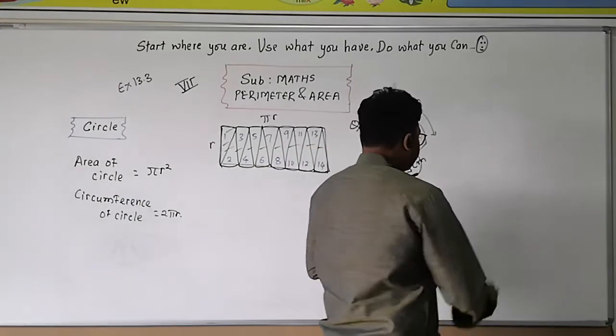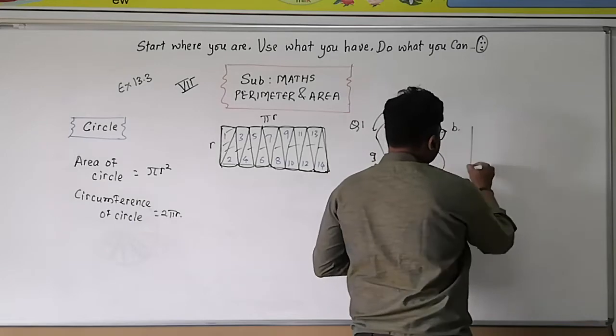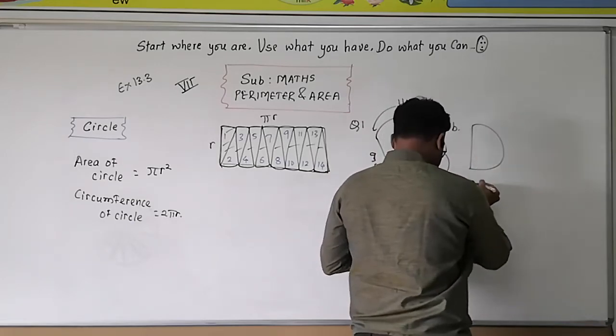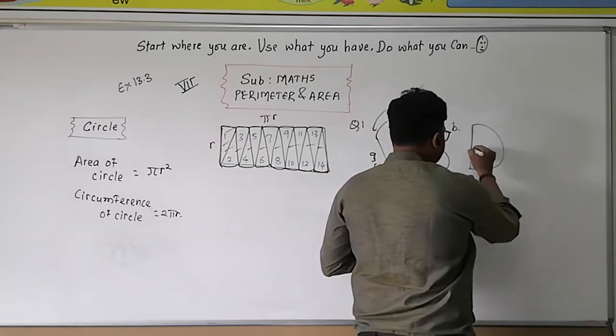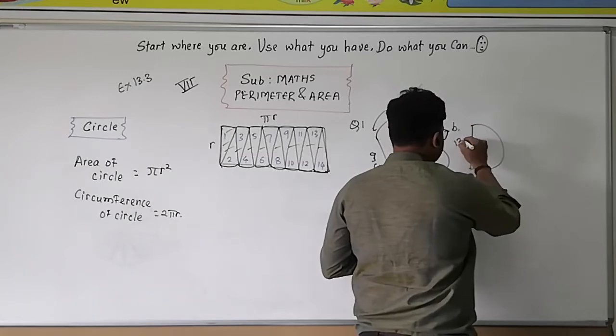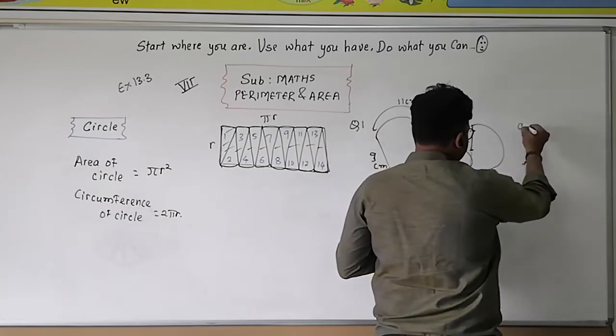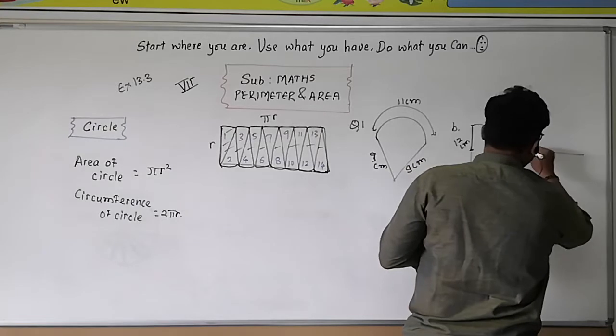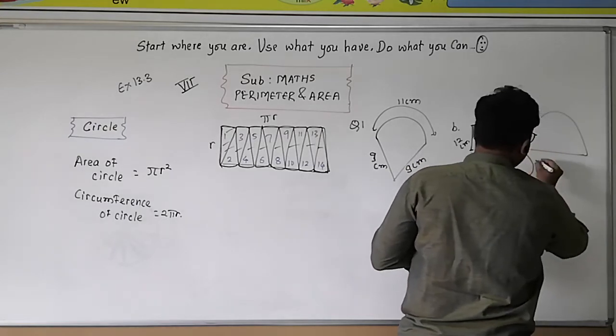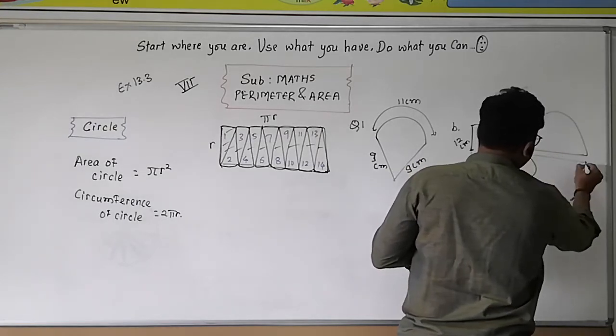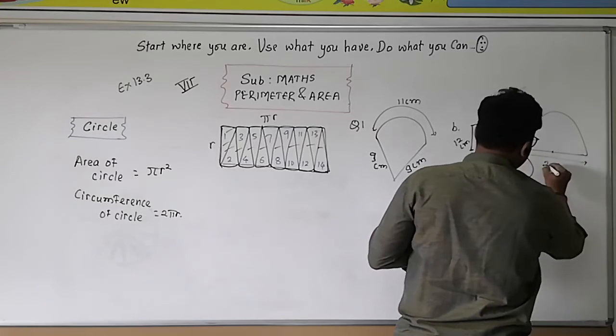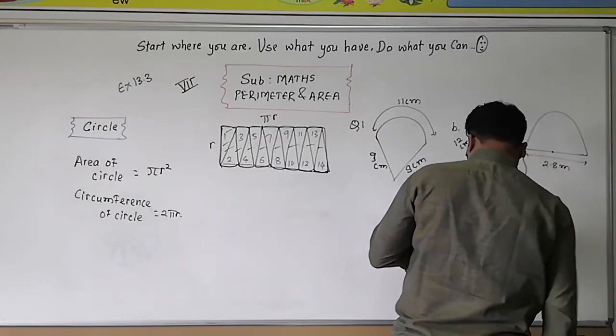Second, we have a semicircle with 12 centimeter, and again one more semicircle with the diameter given as 2.8 meters.